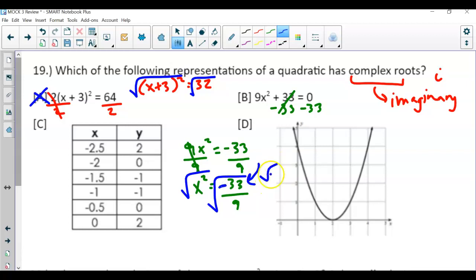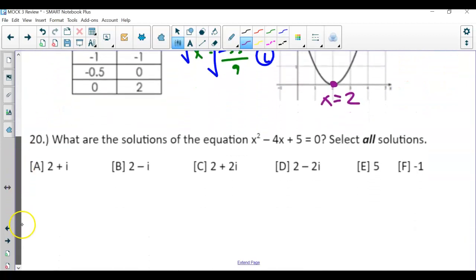We had the square root of negative 1, which is i. So that's why the answer here is B. Now, if you're wondering, because I know some people said D, the reason why it's not D or C, you can graph C, but the reason why it's not D is because notice how it has actually one real solution. x is equal to 2, and that is real, not imaginary.